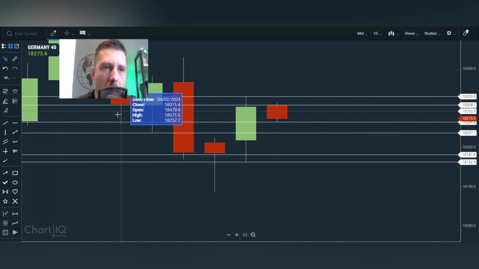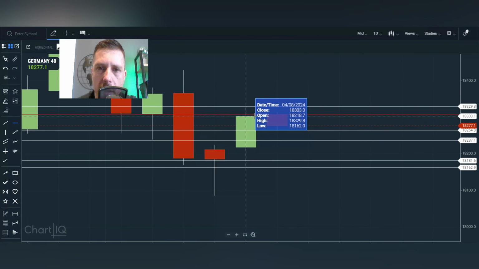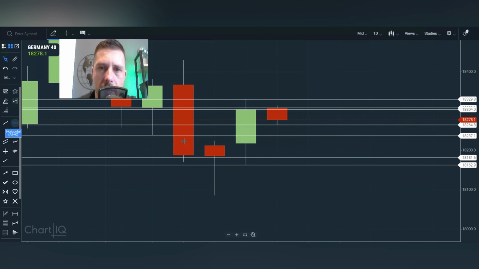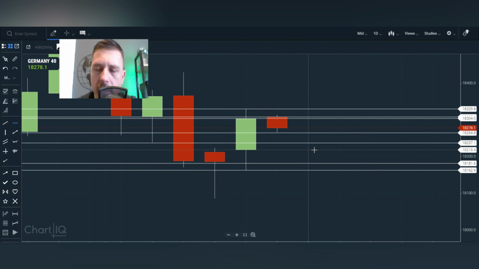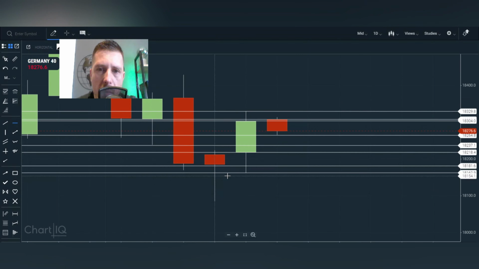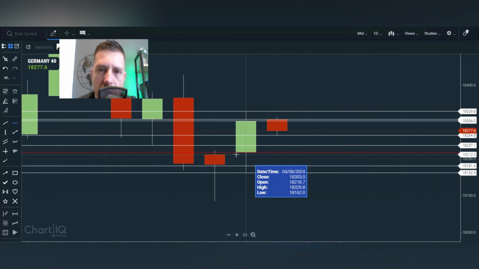Okay, so now we can mark the previous day close right there. Previous day close, as you can see, is 303. The previous day open is 218, right there, and we can mark the day before open right there.